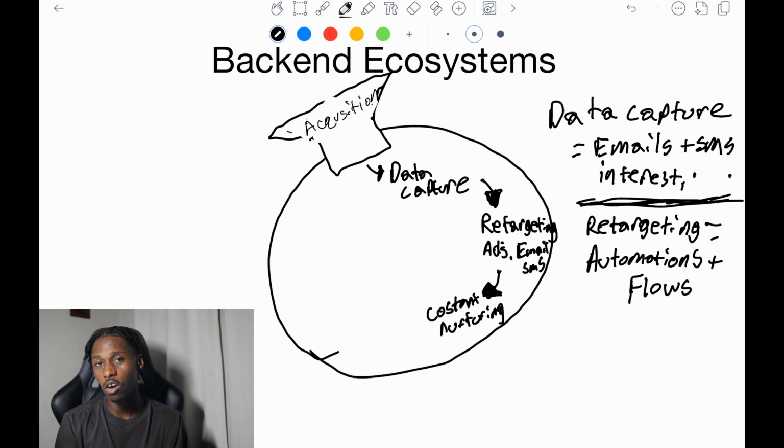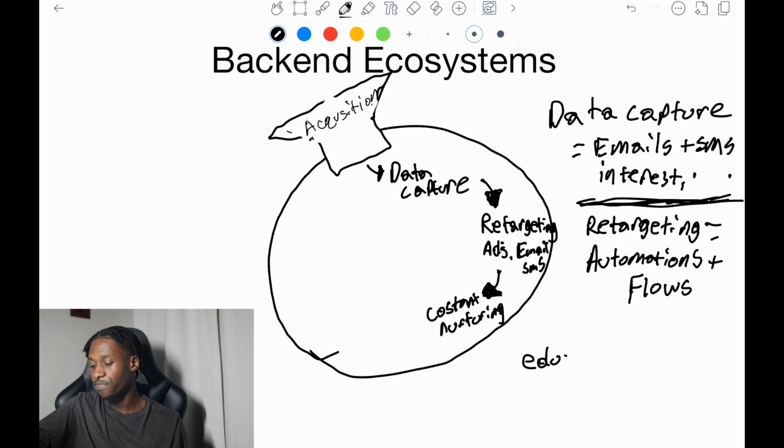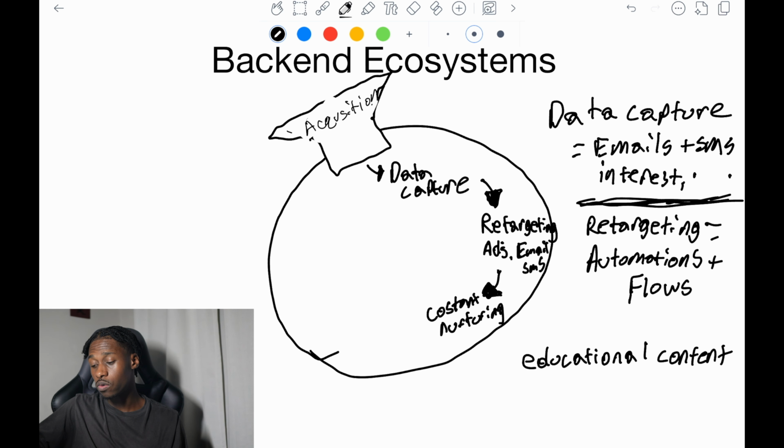And how do you train the audience? Well, you train them with educational content, and that educational content is through your emails and your ads.